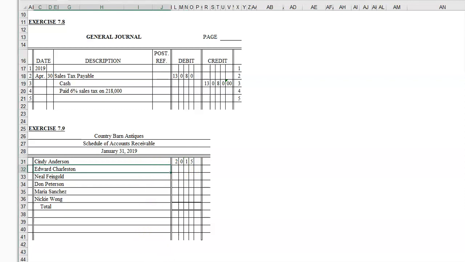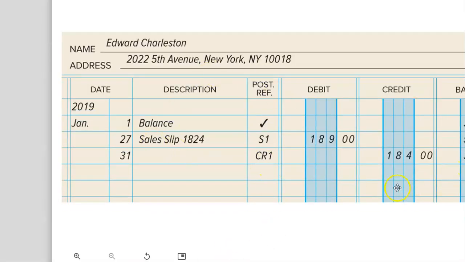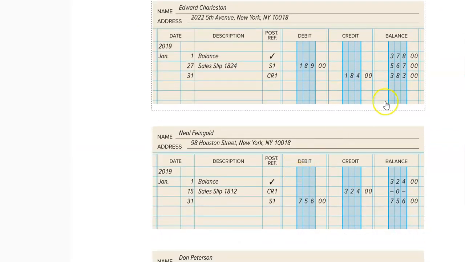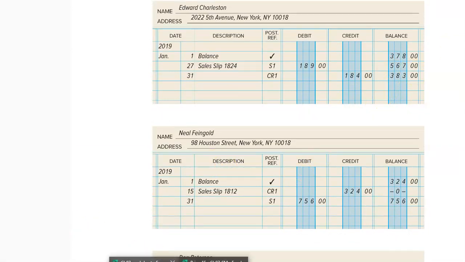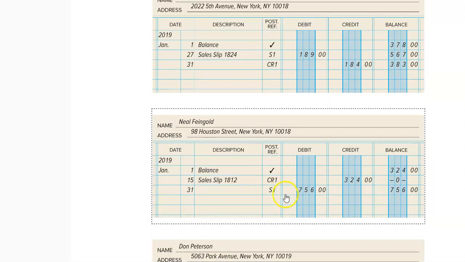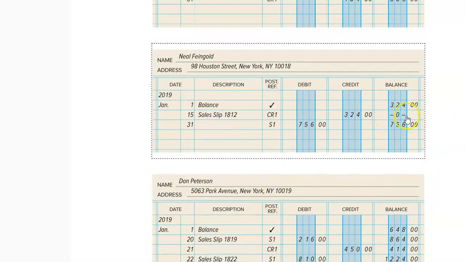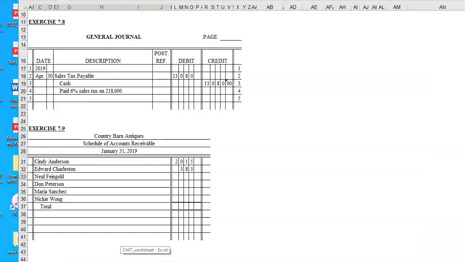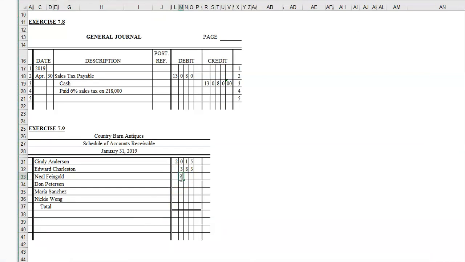Edwards, what's Edwards? His balance is 383. So you're just going to go back to your worksheet and put in 383. Neil, what is his balance? $756. So we're just going to go back to here and put in 756.